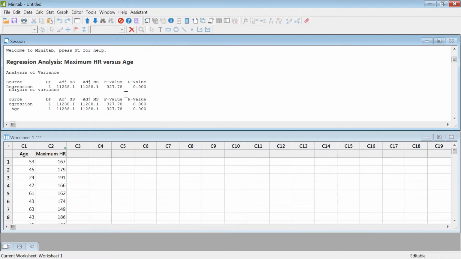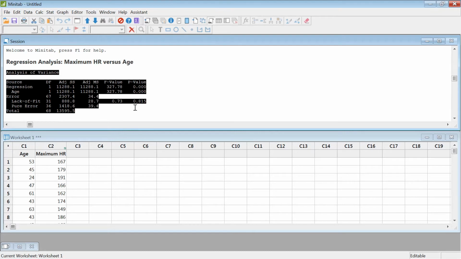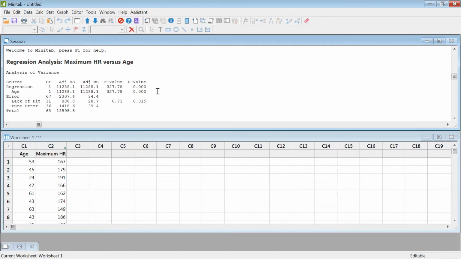So the first thing is the analysis of variance table that tests whether statistically this model is significant or not. Now we see that age is significant, meaning that age affects heart rate. So we just know that.